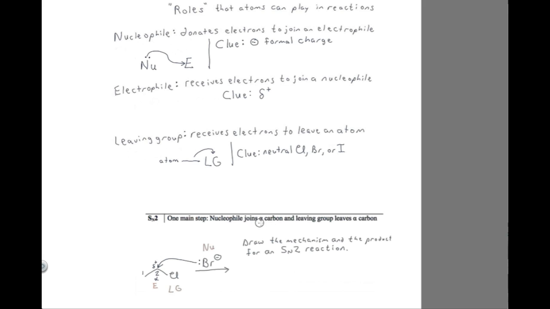And to show the nucleophile joining the alpha carbon, we draw an arrow from the nucleophile, the electron donor, towards the alpha carbon, which is the electrophile, our electron receiver. So now we know how to draw the electron-pushing arrow to represent this event.